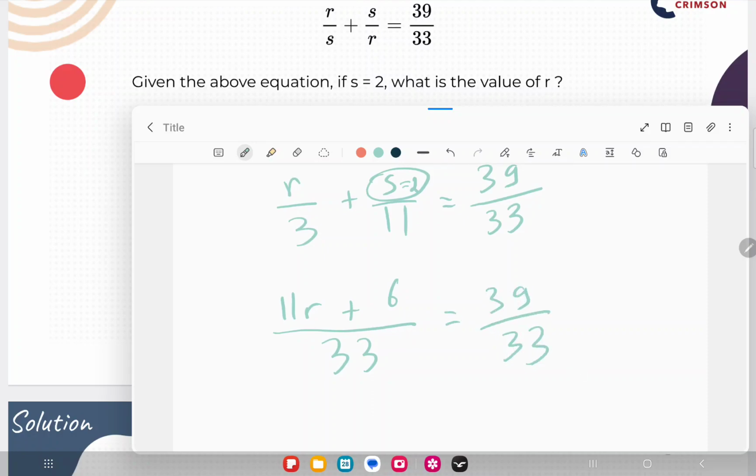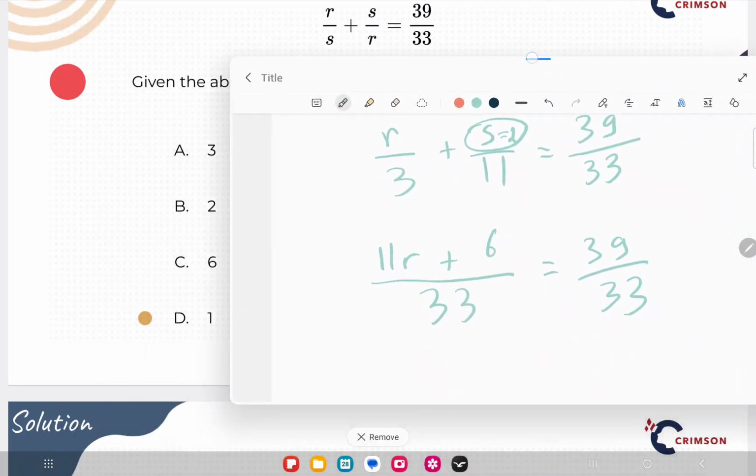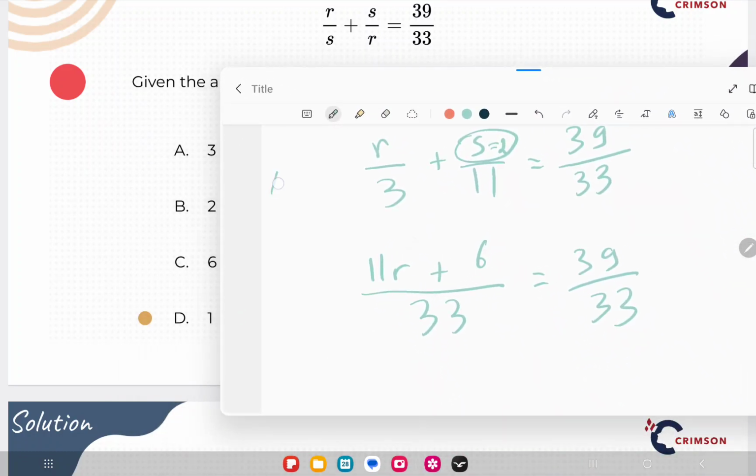Now, there's an easier method to solve this. They gave you a is equal to 3, b is equal to 2, and c is equal to 6, d is equal to 1.